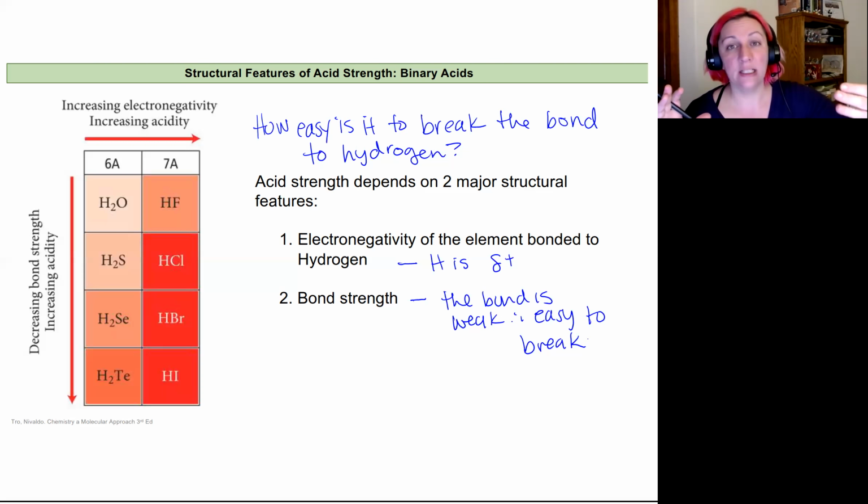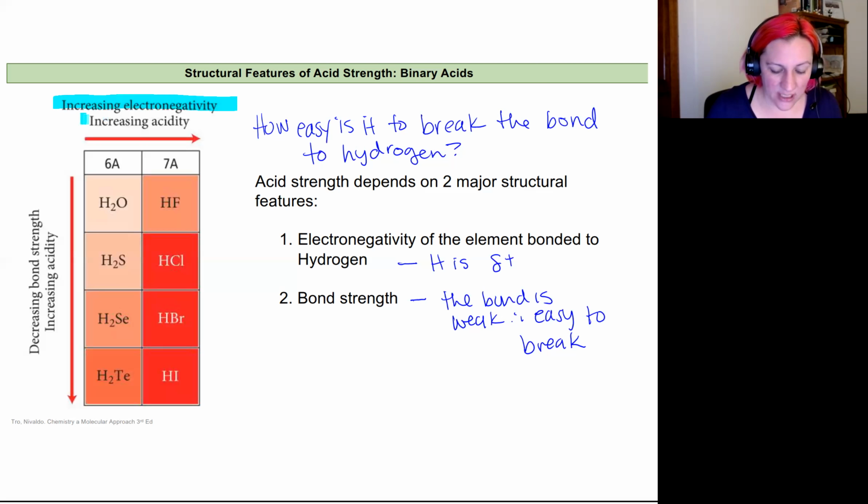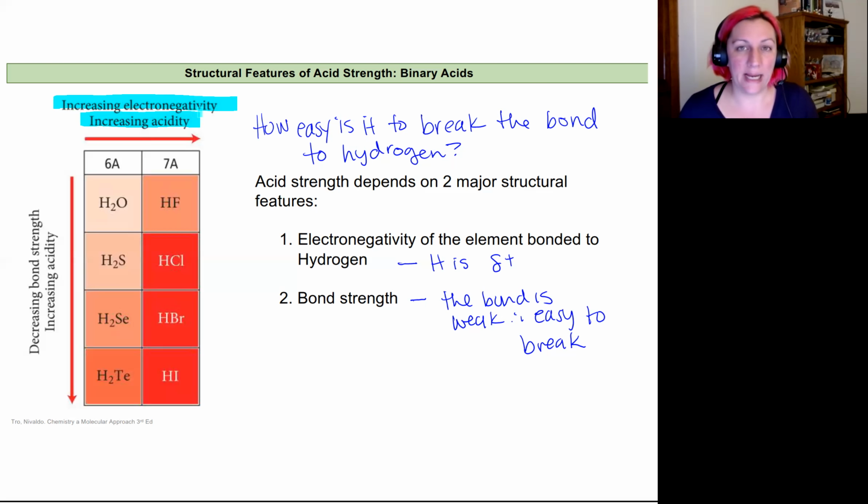So a very electronegative element like fluorine is going to be more stable as an anion than something that's less electronegative. And so we see this trend that as electronegativity increases in binary acids, acidity increases.